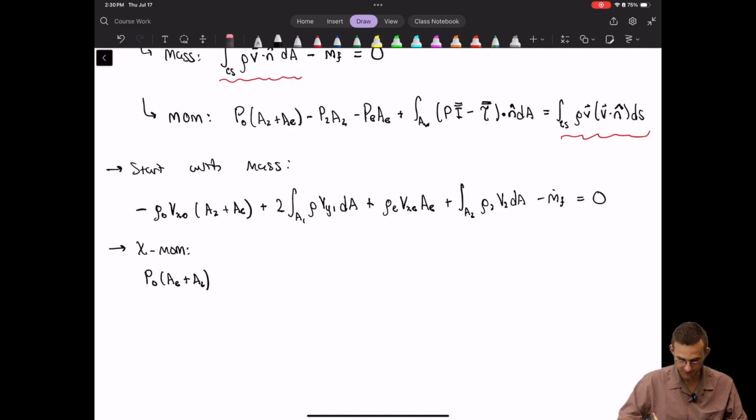The pressure distribution over area 2. Here I actually just wrote it as P2A2, but I should have written it this way, where it's the integral over A2 of P2 dA, because we don't actually know what the pressure distribution is over that A2 surface. That was a bit of a mistake on my end.